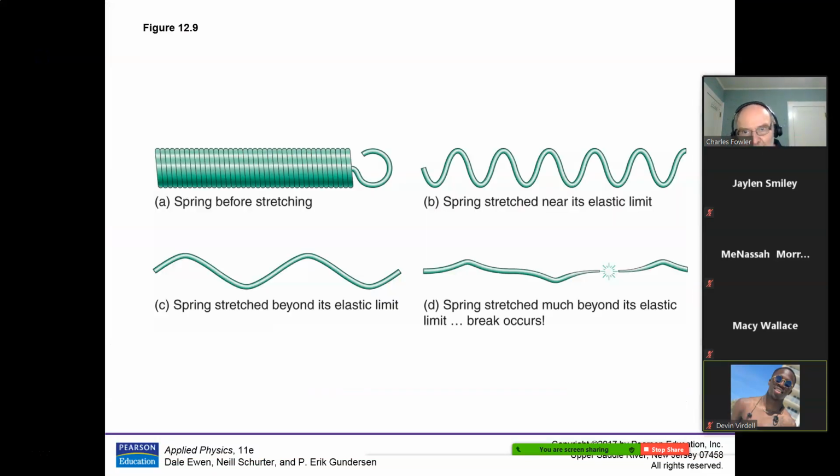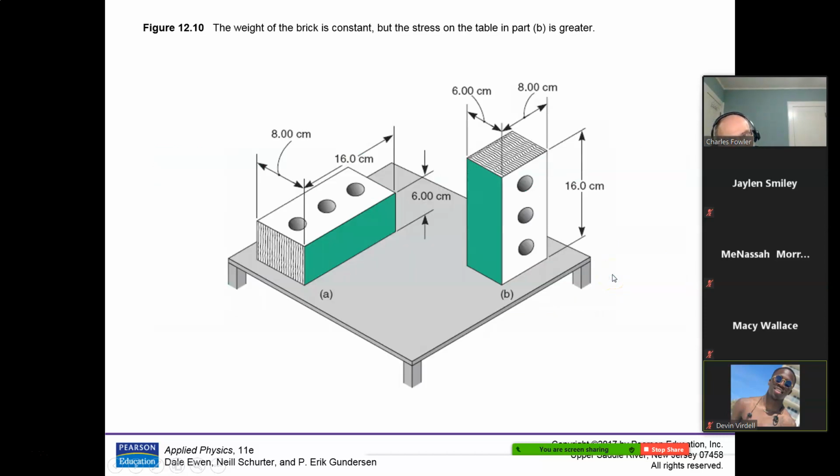There was a picture of elasticity, spring before stretching, when it's going close to the elastic limit, but if you were to release this, it goes back to its original shape. Once you stretch it this far, release it, it stays like that, beyond the elastic limit. You keep stressing, and now not only is it beyond the elastic limit, you've reached the fracture limit, and it actually breaks. Okay, that was that slide.